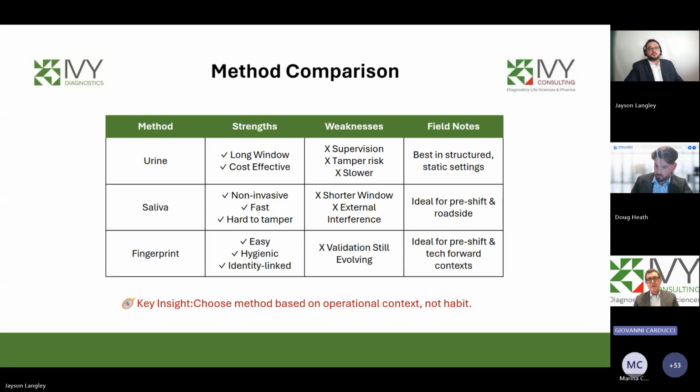By the way, if I could choose what I wish, what fits my organization best, we now know which kind of method gives you a test for something happening now, before, weeks ago, or months ago. So in other words, choose the method based on operational context, not habits. Regulation and how my organization works, not my habits or the habits of the people.